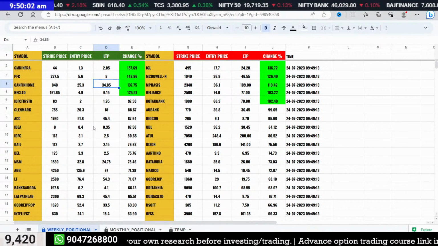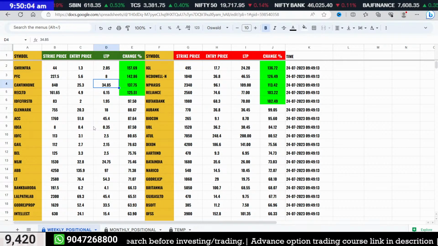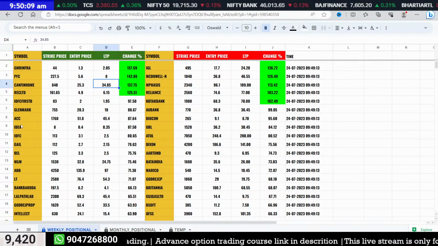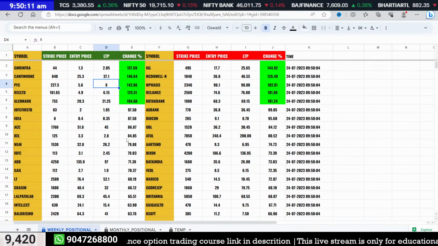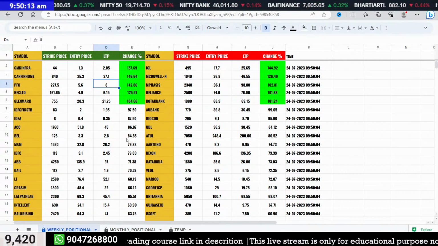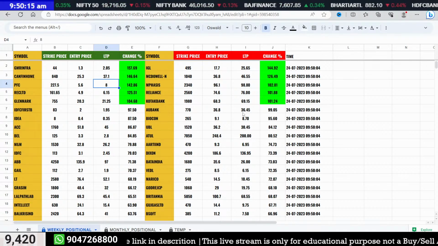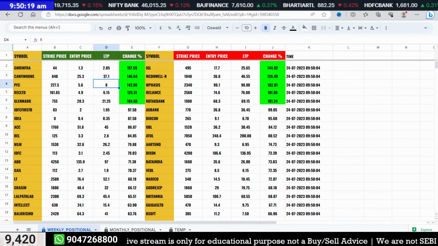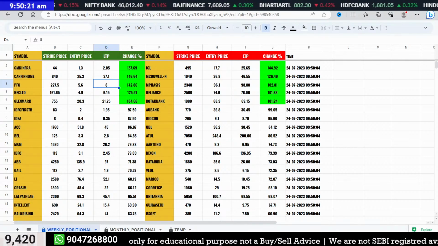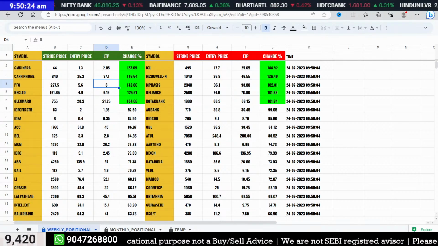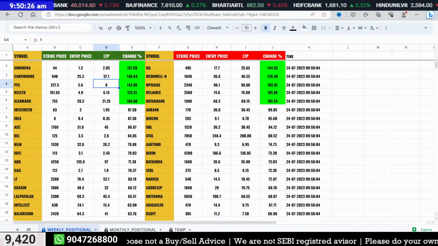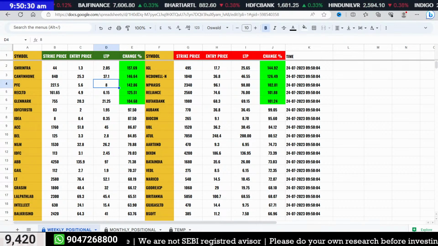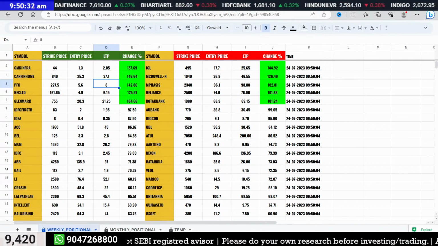Just a second. Okay, you got it. So some of the stocks are trading with liquidity.